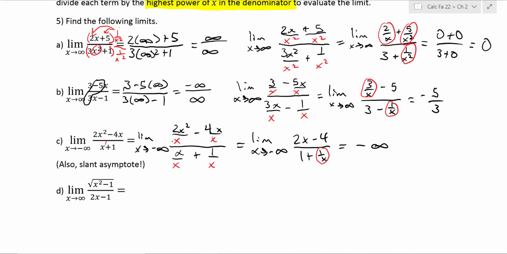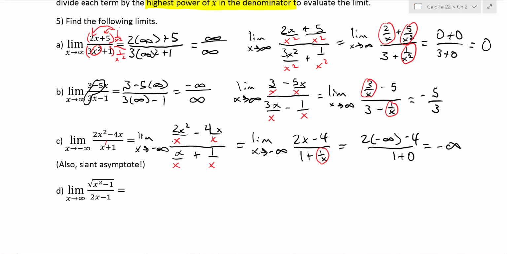All right, and you can write it out again just so you see it's that positive 2 times a big negative number, minus 4, still going to be negative, divided by 1, or 1 plus 0 if you want to write them both, which is still going to keep us with this big negative number. So we're approaching negative infinity. And if you did want to do long division, you could find the equation of that slant asymptote if you had to graph.